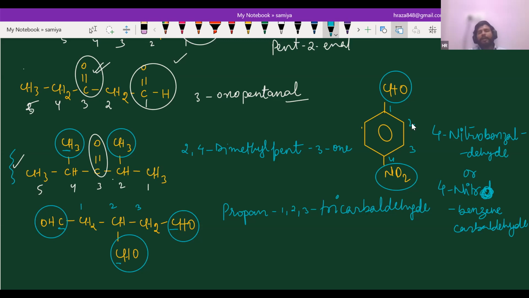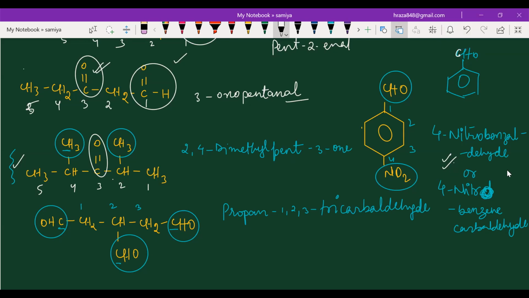Basically, benzaldehyde was initially a common name but is now accepted as an IUPAC name. Before that, the IUPAC name of this part was benzene carbaldehyde because we didn't count this carbon, so both are correct. Okay, I'll copy it down. Can I change the slide?